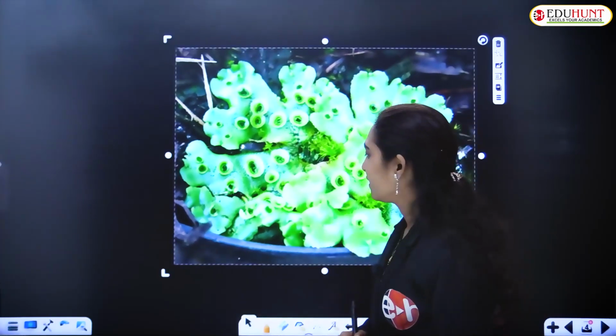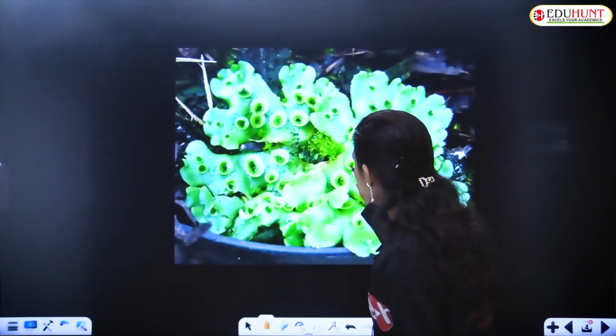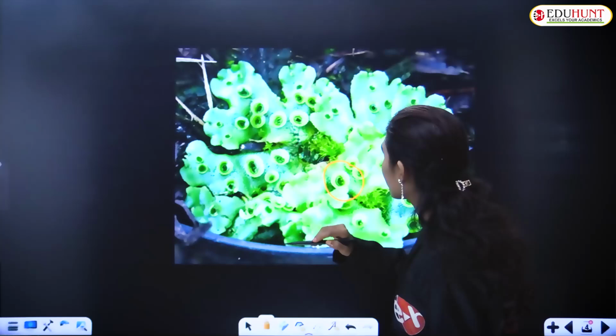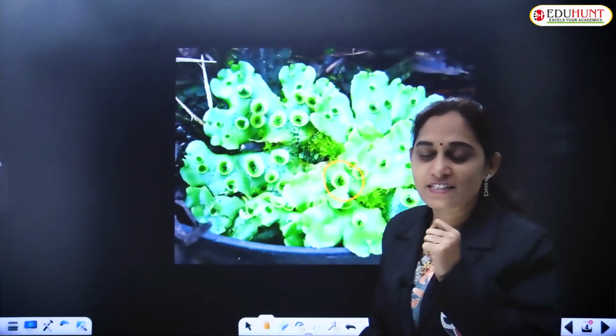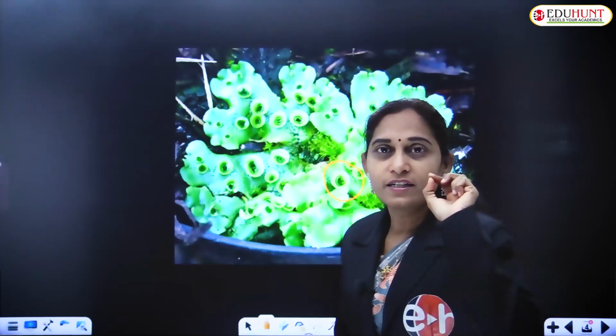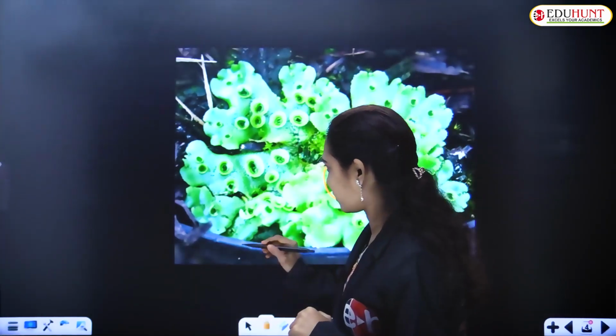Yes, you can see the gemma cups. These are cup-like structures called gemma cups. These gemma cups hold small, dumbbell-like structures.